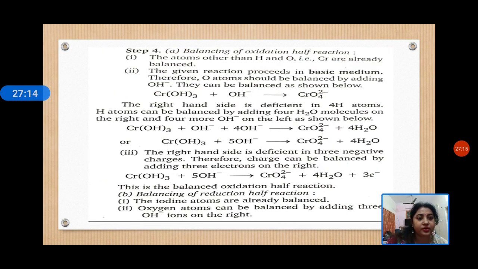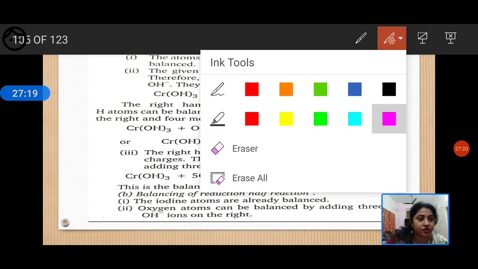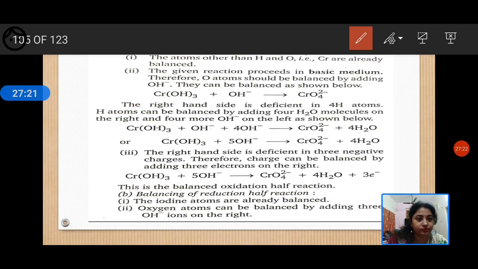Next step, first we will take the oxidation half reaction. This is your equation. The atoms other than hydrogen and oxygen, that is chromium, are already balanced. One Cr is here, one Cr is here. So chromium is already balanced. The given reaction proceeds in basic medium.